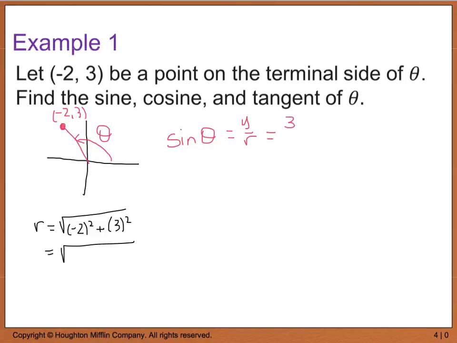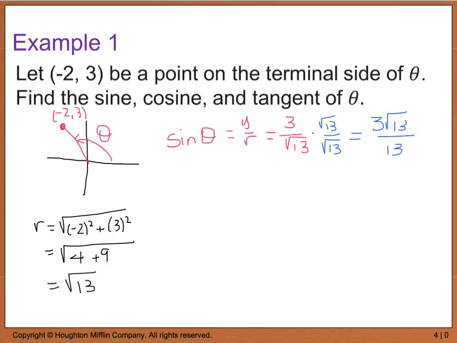This gives me the square root of 4 plus 9, or the square root of 13. So I'm going to plug that in for my y value. If I rationalize this, I multiply by the square root of 13 divided by the square root of 13. So I end up with 3 square roots of 13 divided by 13.